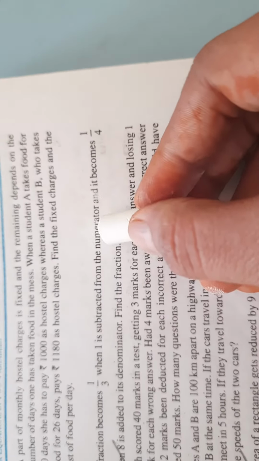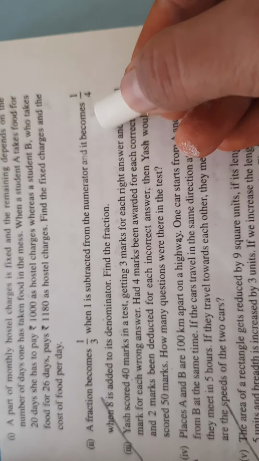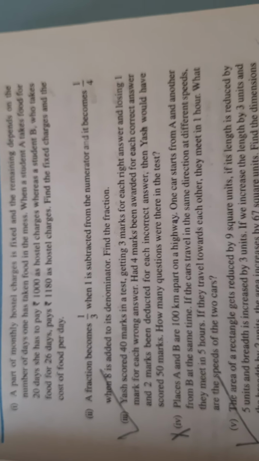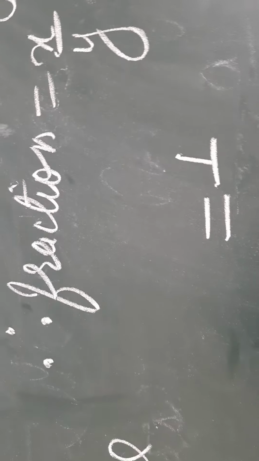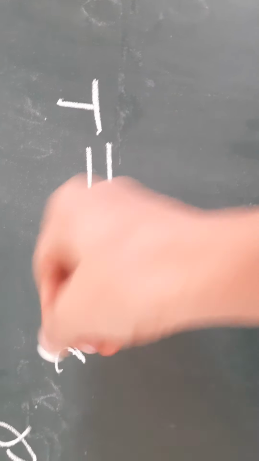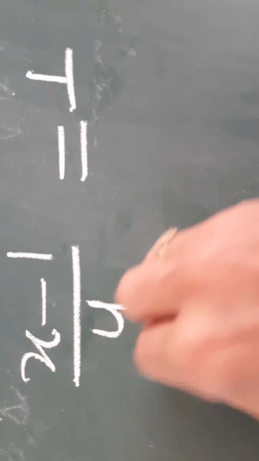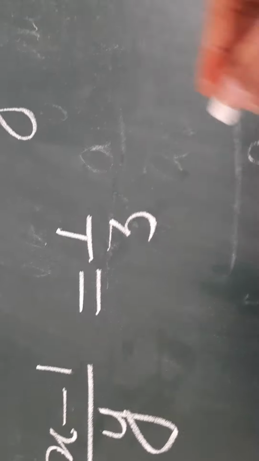In the first case the denominator will remain the same. So when 1 is subtracted from the numerator, the denominator remains the same and the fraction becomes 1 by 3.